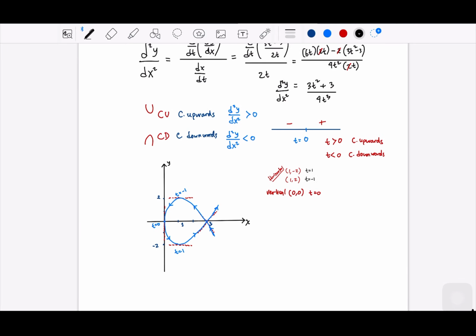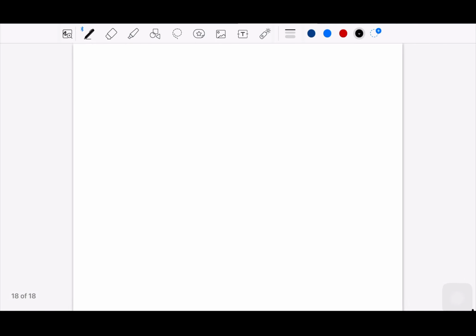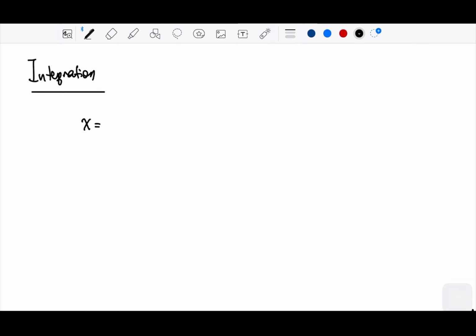Okay, now the next part is the integration. Okay, let me just write equations.